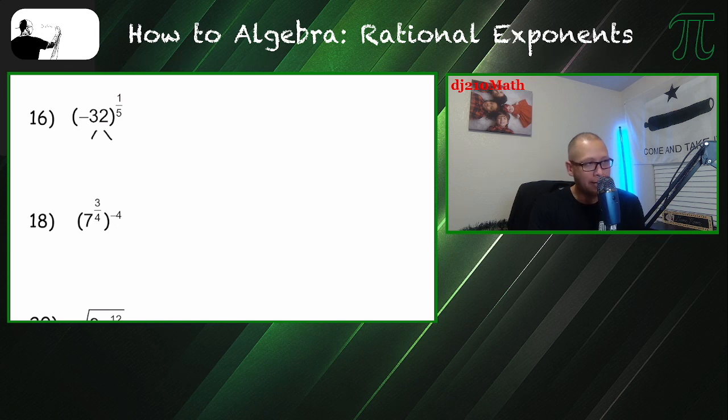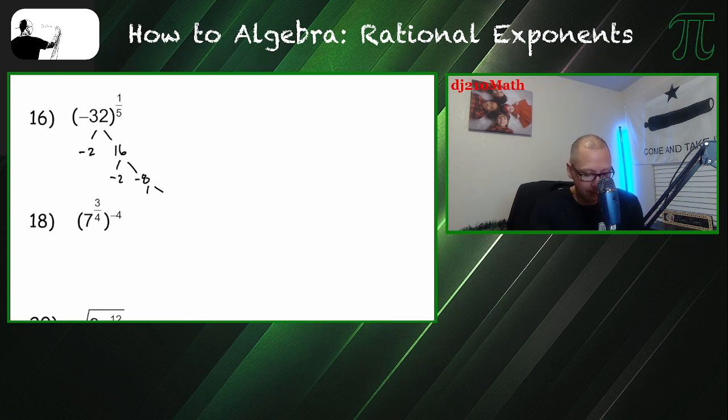If we break down negative 32, this would be negative 2 and 16. 16 is going to be negative 2, negative 8, because negative 2 times negative 8 is positive 16.